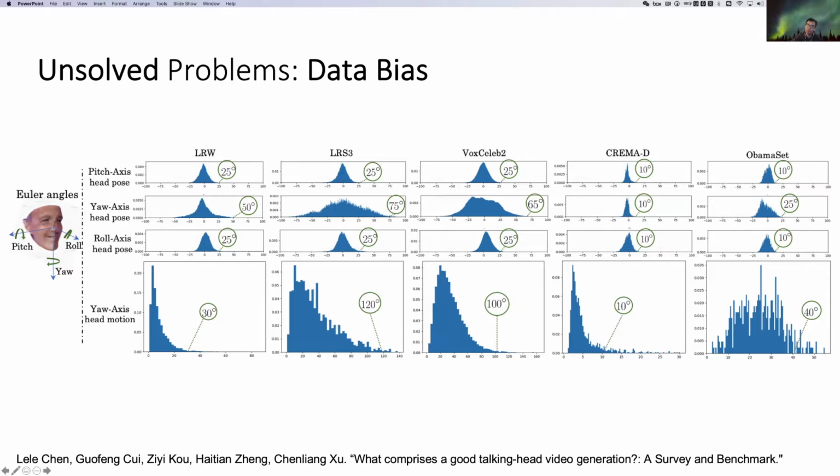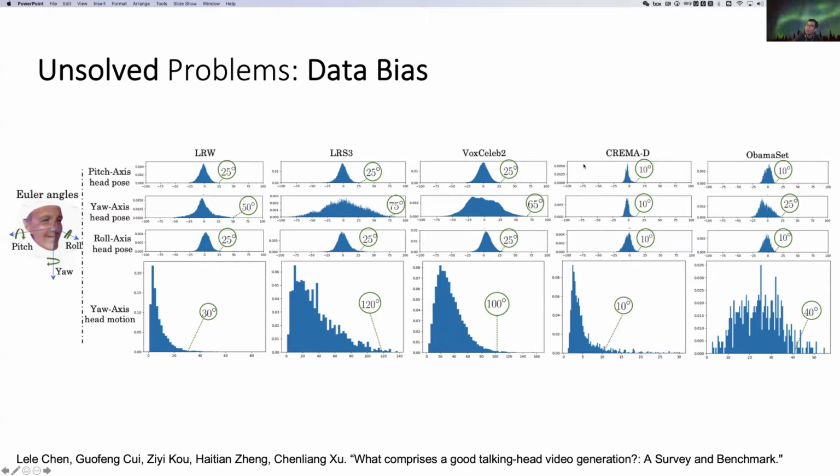LRW, the Lip Reading in the Wild data set, is basically BBC News videos, and similarly the LRS data set and the VoxCeleb2 data set, and the CREMA-D data set and the lab-controlled data set, and the other set is basically a speech data set.